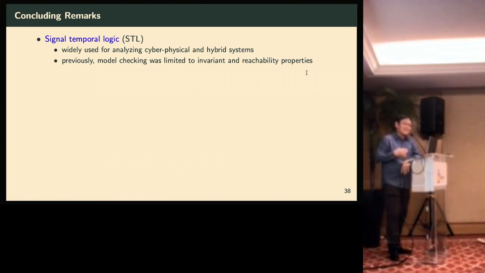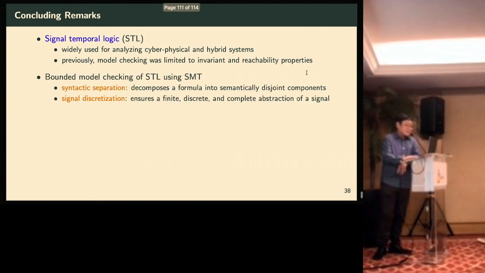So, a summary. Basically, signal temporal logic was proposed more than 20 years ago, and it's widely used for analyzing cyber-physical and hybrid systems. But previously, it was more focused on deterministic signals. Monitoring, falsification or model checking is quite limited to invariant and reachability properties or their simple variations.